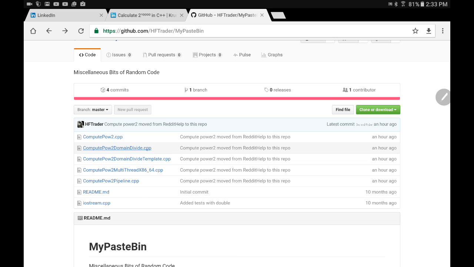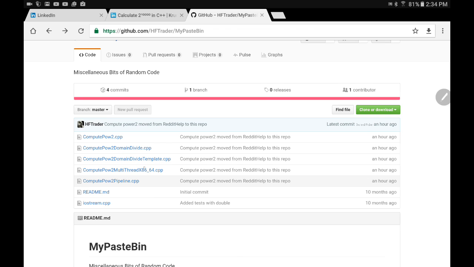The second, domain divide, is a threaded version where you divide the blocks for each thread. There is domain divide template, which is the same thing, but the actual function that the thread executes is a template version. We attempted some template tricks to see if performance increased, but there was not much difference.